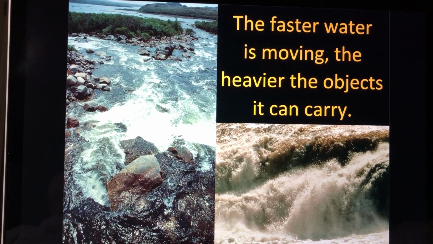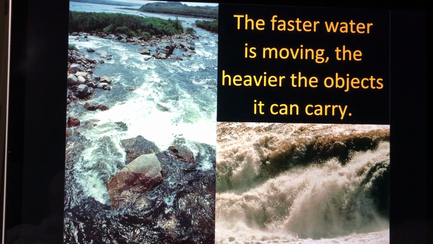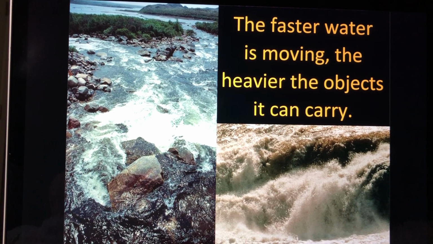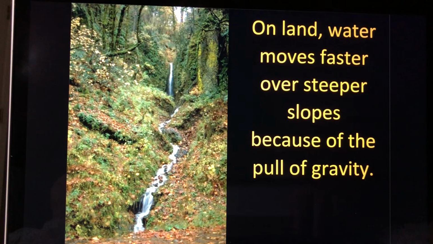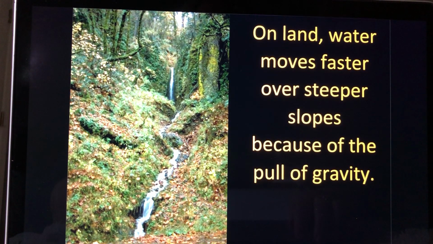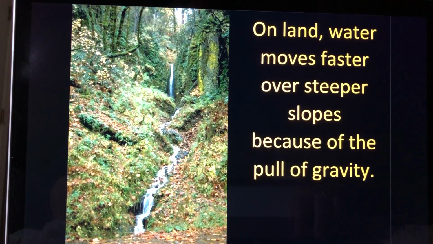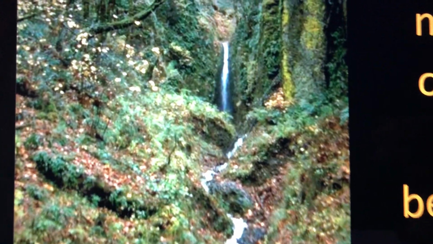So speed is involved. That's when we are talking about large ocean waves versus small ocean waves. So the faster the water is moving, the heavier things it can carry. On land, water moves faster over steeper slopes because of the pull of gravity. This one's pretty steep, as you can see here, that waterfall back there.